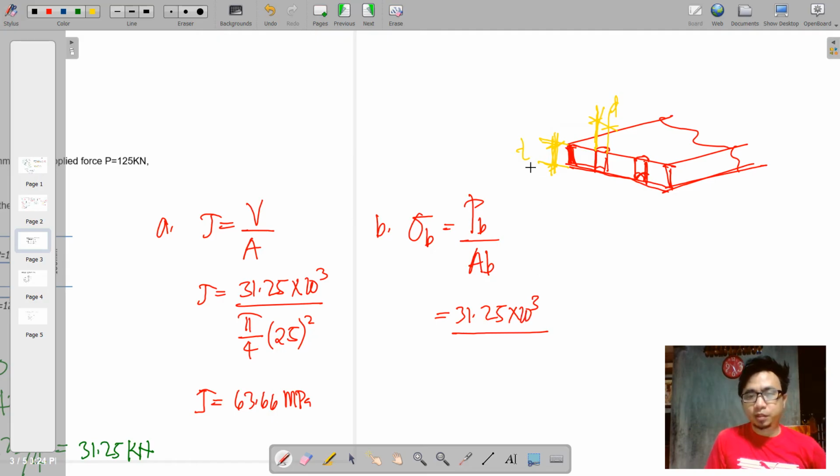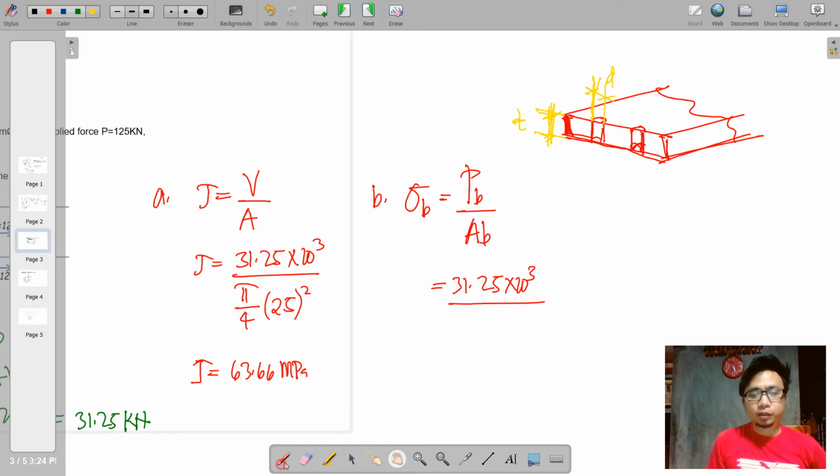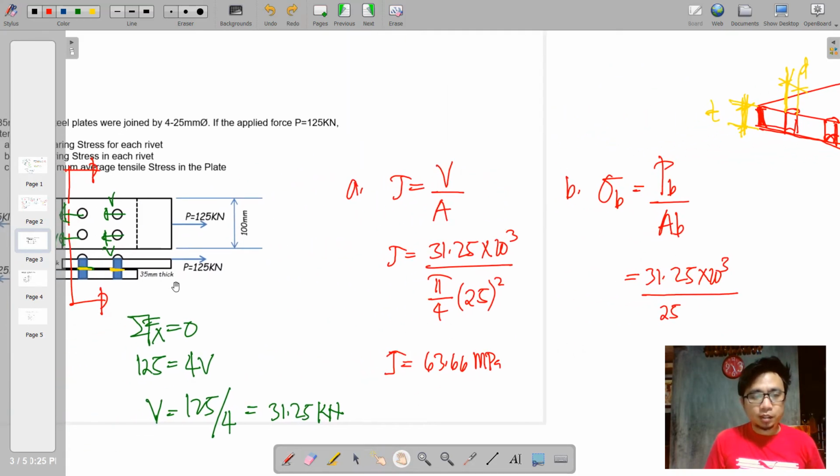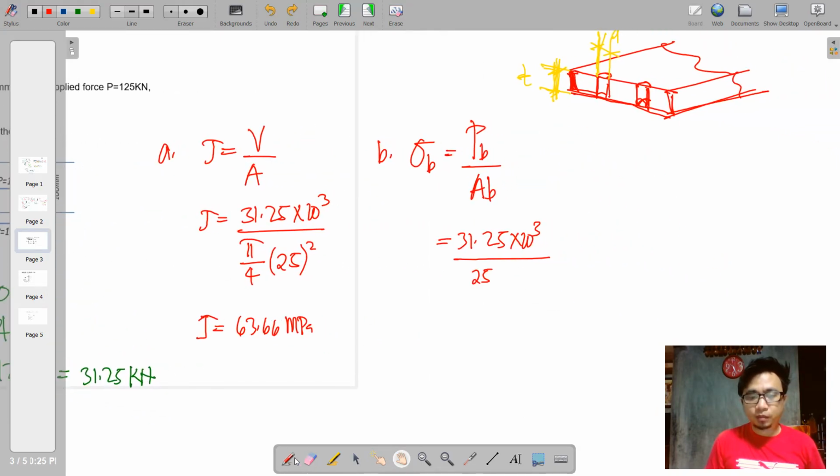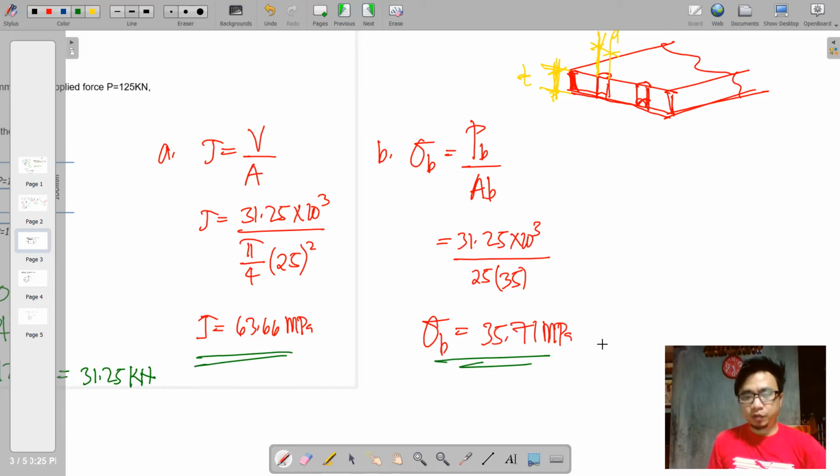So diameter times thickness. So anyway, we know the diameter, and we also know the thickness. Diameter is 25 multiplied by the thickness. Okay, so the thickness here is 35 millimeters. So this is 25 by 35. So therefore we can derive the bearing stress on each of the rivet. Okay, so we have here 35.71 megapascal as our bearing stress in the rivet.